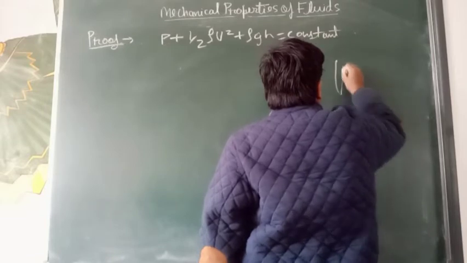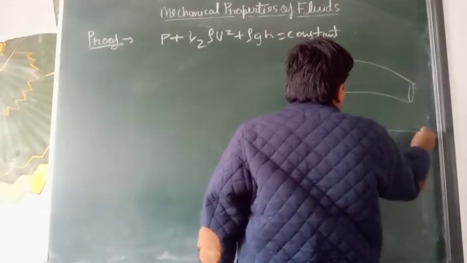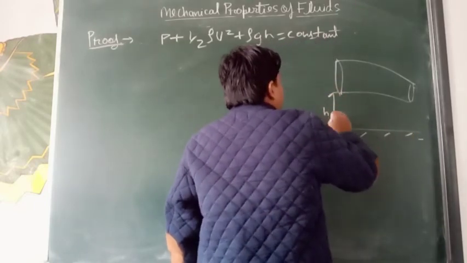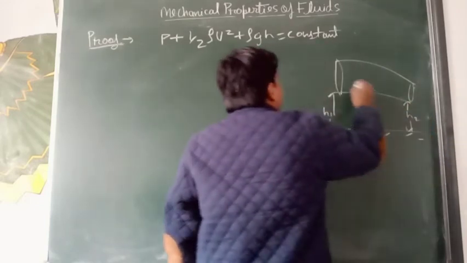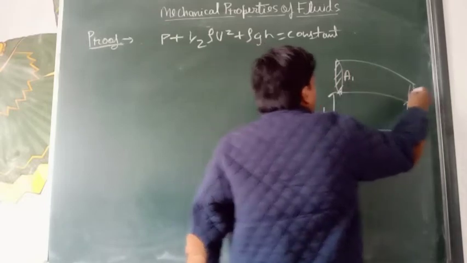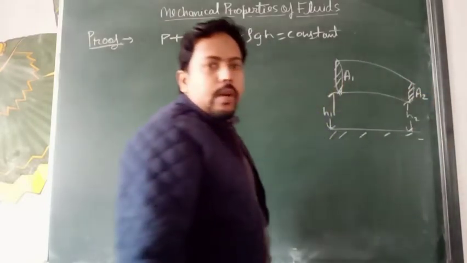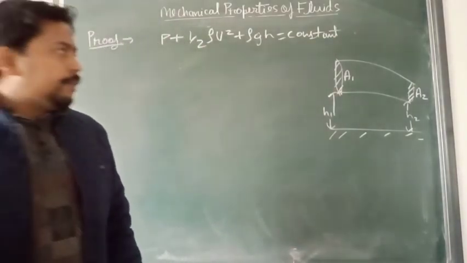Let this be the required figure that we are having. This is the ground. This is at h1 height as I have drawn, and this is at h2 height. This is the cross-sectional area. Let us say that this is A1 and this cross-sectional area be A2. So from the external environment there will be some pressure.